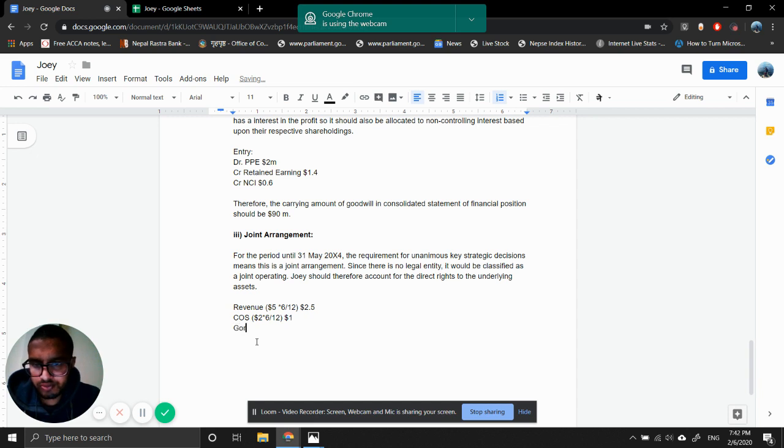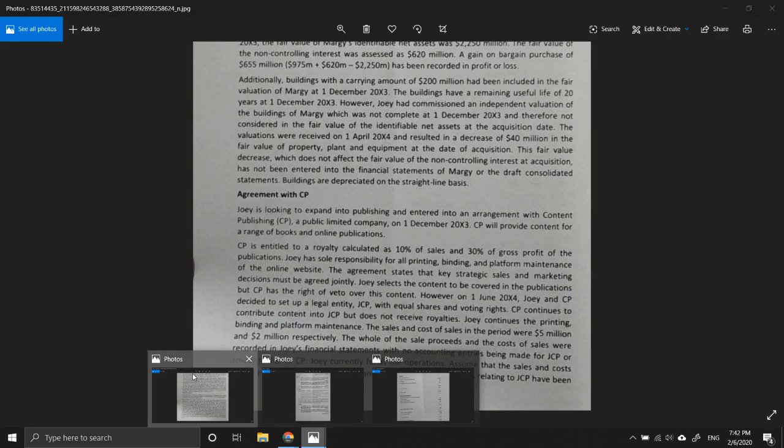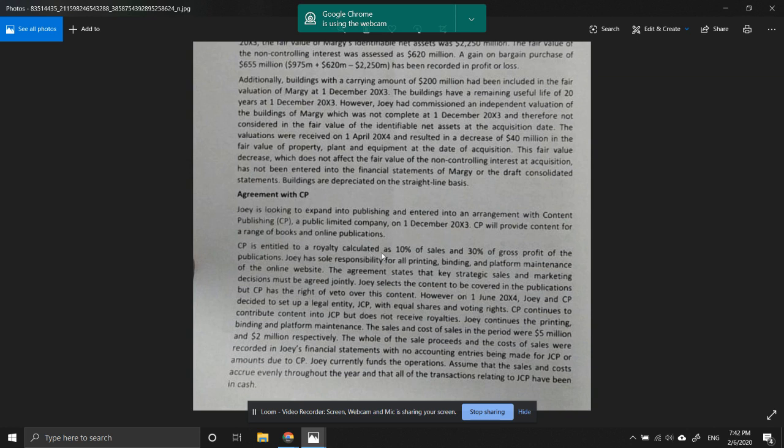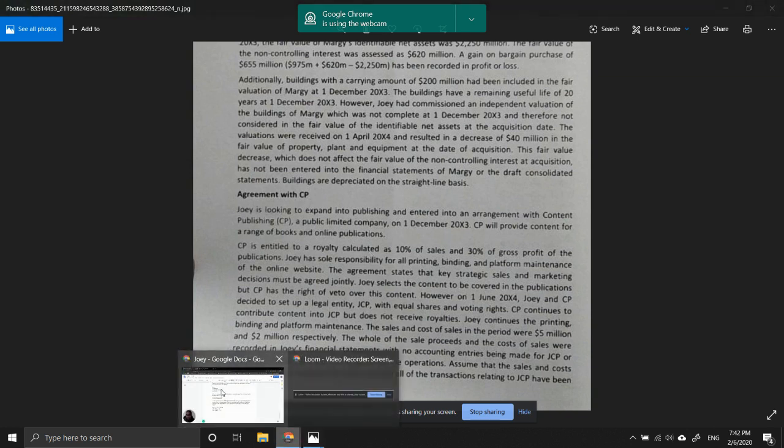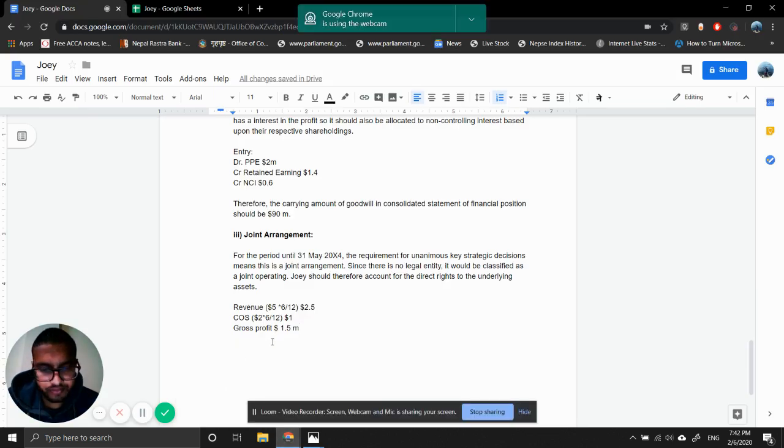So gross profit will be 1.5 million, right? So out of this, how much is attributed to CP? CP is entitled to royalty, calculated as 10% of sales and 30% of gross profit, right? Okay, good.